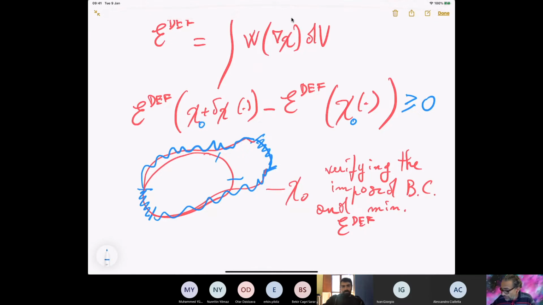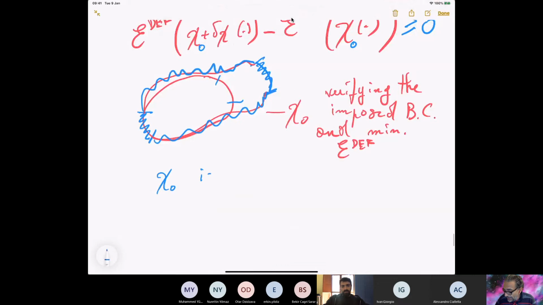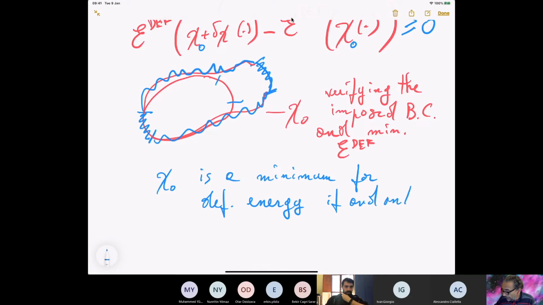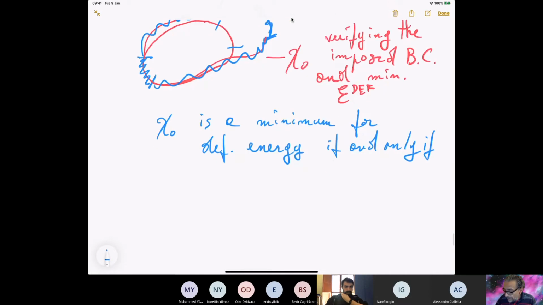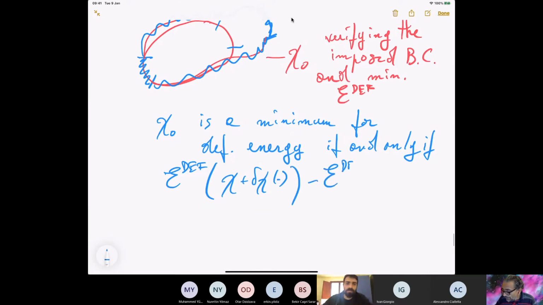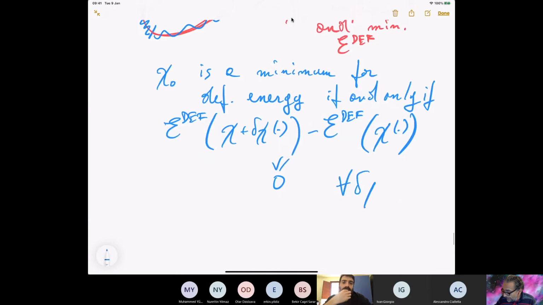So chi 0 is a minimum for deformation energy if and only if the deformation energy calculated in chi plus delta chi minus the deformation energy in chi is greater or equal to 0 for every delta chi.